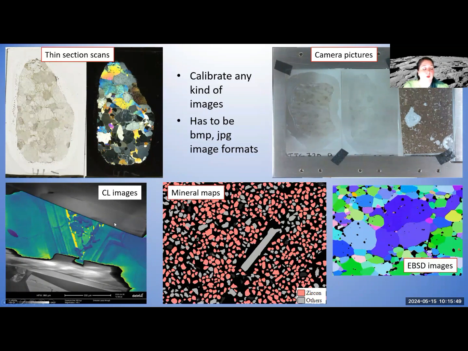So you can also use CL images, specifically if you don't have a CL on the probe. It can be very difficult sometimes to locate the specific zoning that you see in the CL, again, just based on backscatter or secondary. So being able to navigate directly on the CL image can be really useful.